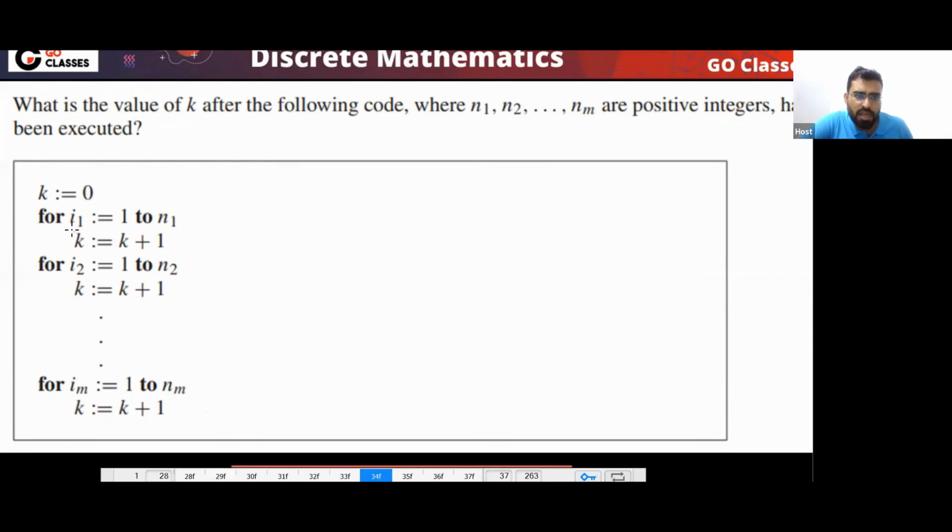Now what you are doing is running a for loop from 1 to n, and every time you are increasing the value by 1. So after this first for loop, what is the value of K? That will be n, because in every iteration you are increasing it by 1.